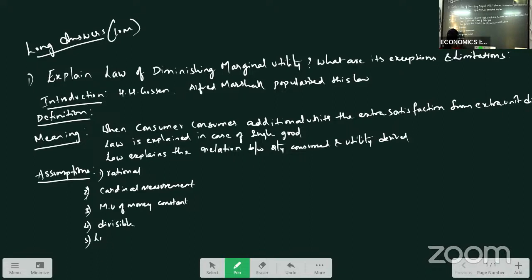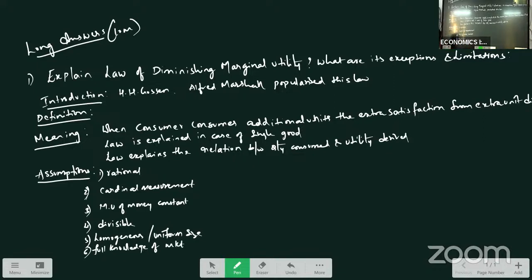Also, we assume the goods are homogeneous and have uniform size, meaning whatever product we are taking, they are all of the same size, same shape, and same type. Then another, we assume the consumer has full knowledge of the market.